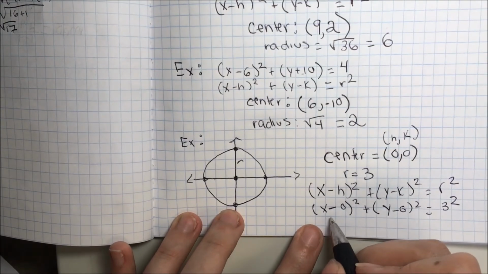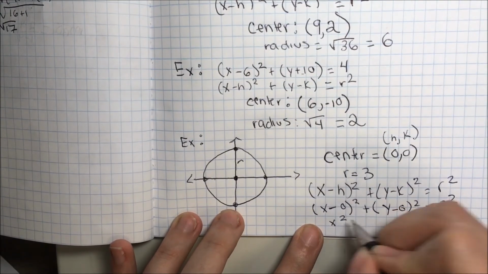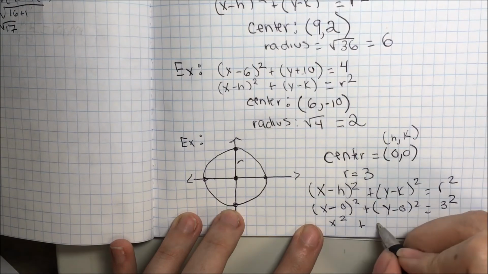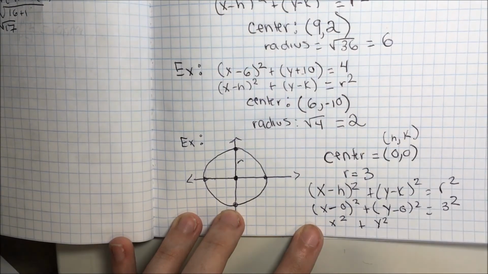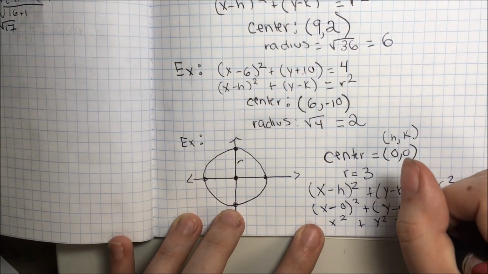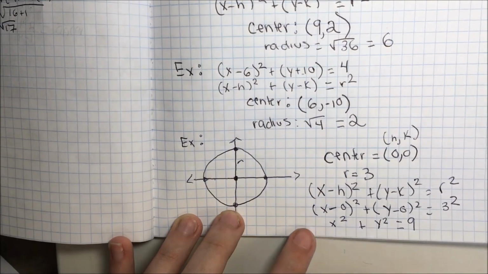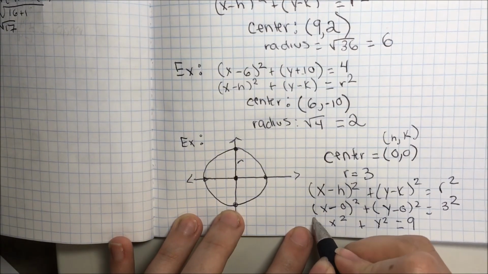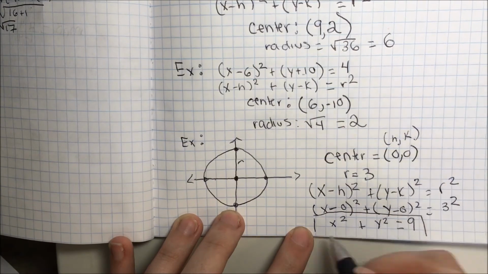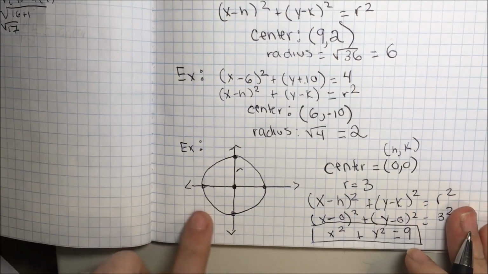So if we have x minus 0, it would just be x squared, and then y minus 0 would just be y squared. And then 3 squared gives us 9. So this would be the equation of our circle right here.